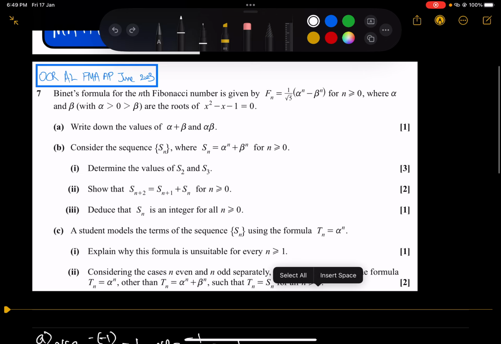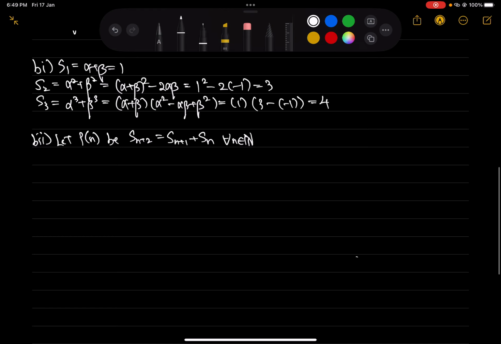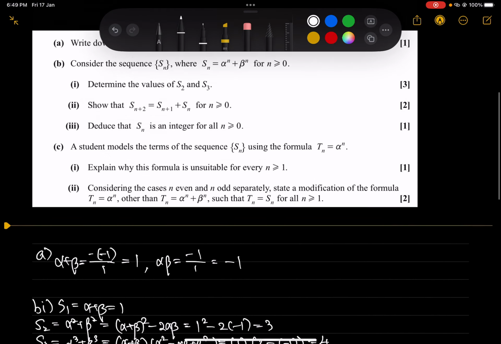B2 is the MI part. So we want to prove that S(n+2) is equal to S(n+1) plus Sn for all n belonging to the naturals, n greater than or equal to 0.